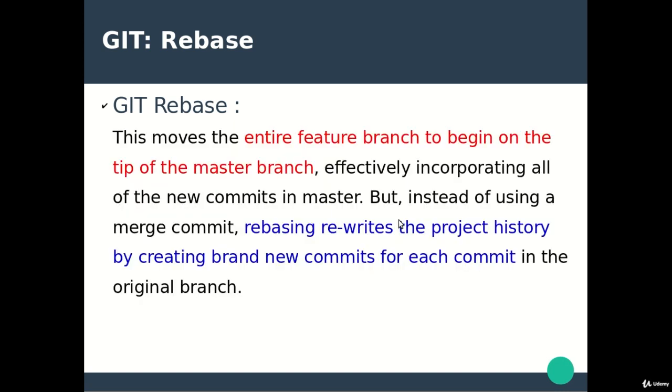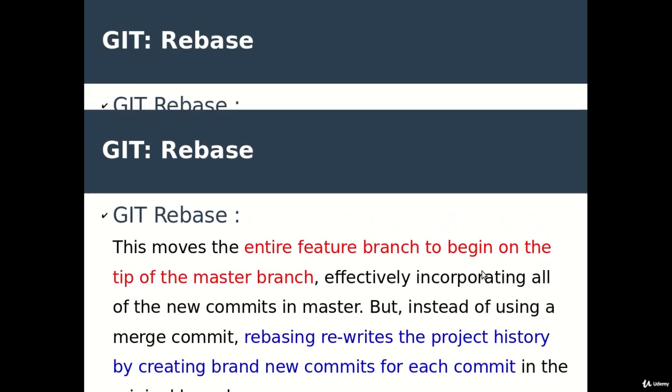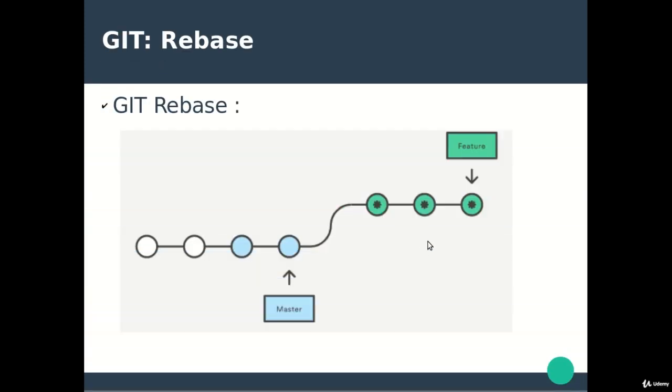The statement which we have learned: rebasing is rewriting the project history by creating brand new commits for each commit. So when you're rebasing, Git is creating new commits for your code and attaching all your code on the tip of the master branch, so that you can keep a very clear history of your project.